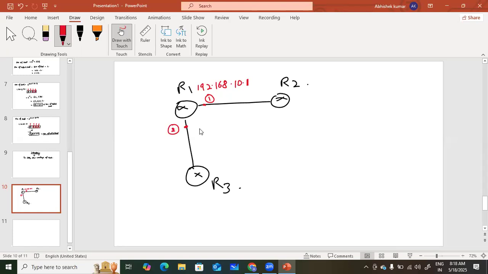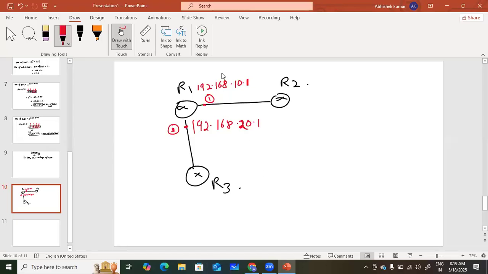I have to use a different network. On R1 interface 1, I have given 192.168.10.1, so I have to change my network. Let's suppose I give 192.168.20.1. Is this point clear to everyone of you?